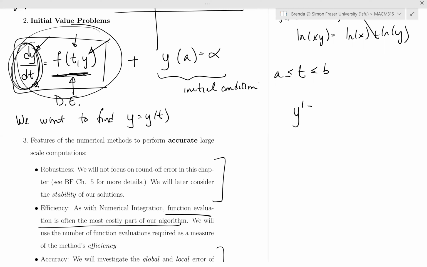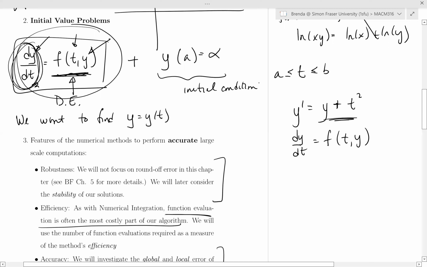y prime is equal to y plus t squared. There's a differential equation. You see that y prime, dy by dt, is some function of t and y. Over here is some combination of t's and y's, and over here is the derivative.